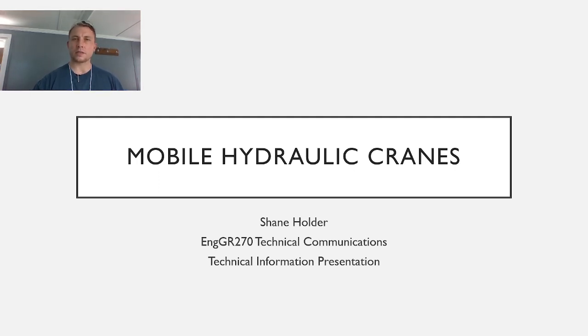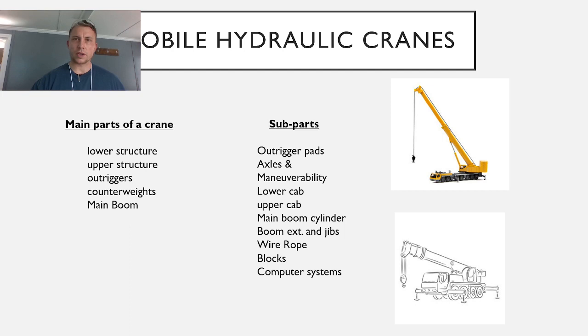This is a basic presentation on mobile hydraulic cranes, and we'll go over certain parts about the cranes. Some of the main parts of a mobile hydraulic crane are the lower structure, the upper structure, outriggers, counterweights, and the main boom.